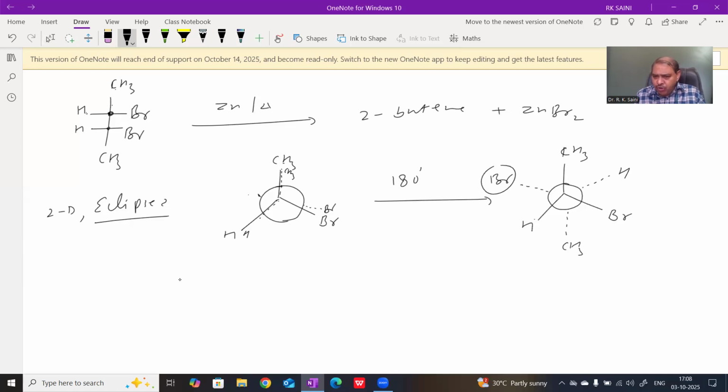After removal of Br2, we write the structure. The front carbon contains CH3 upward and hydrogen downward. The back carbon has hydrogen upward and methyl downward. Therefore, this is the trans alkene.